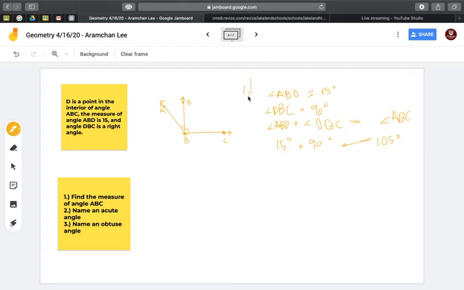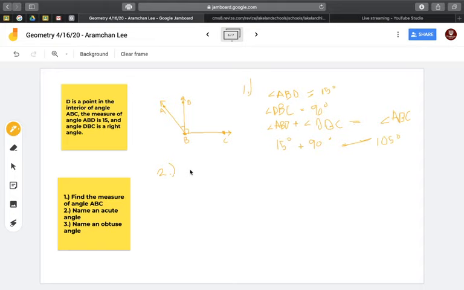Our next task is to name an acute angle. So if we remember the definition of an acute angle, it is an angle that is less than 90 degrees but greater than 0 degrees. So looking back at the information we gathered from part 1, we can see that angle ABD is 15 degrees, and 15 degrees is less than 90 degrees and greater than 0 degrees.